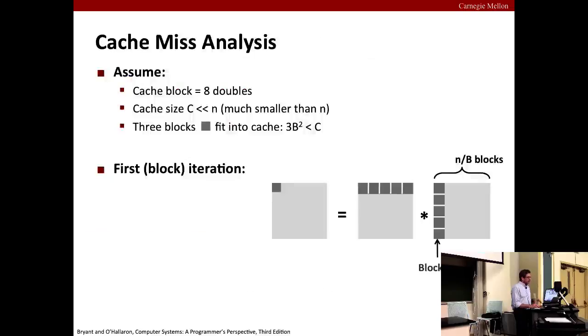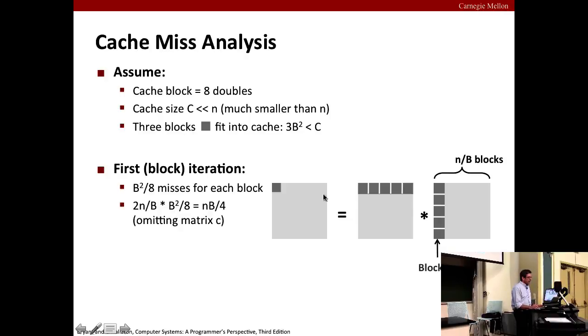All right, so let's look at what happens to the miss rate when we do this. There's n over b blocks in any row or column. And since there's b squared items in each block, b times b, there's b squared over 8 misses for each block.